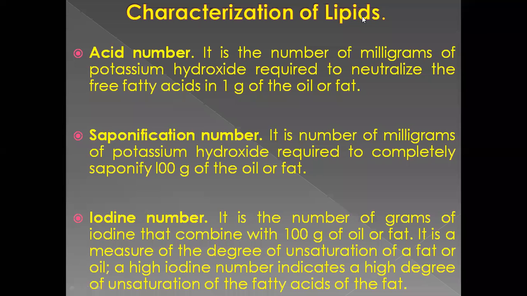And what are those? The first are acid number, saponification number, and iodine number. Many more are there, three to four additional ones, which are also characteristic properties of lipids. But we are interested in acid number, saponification number, and iodine number.